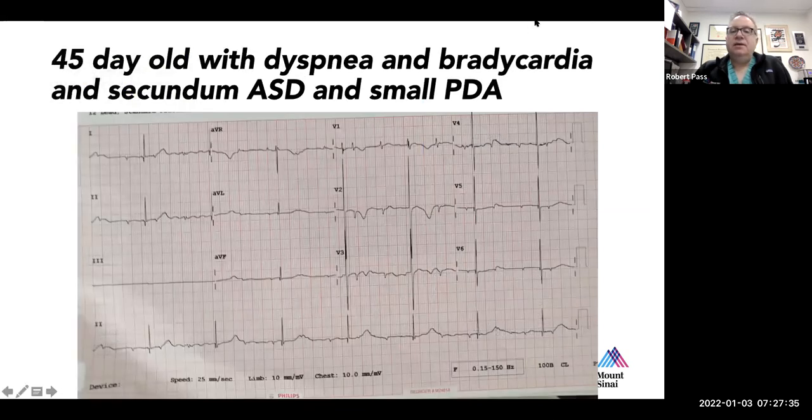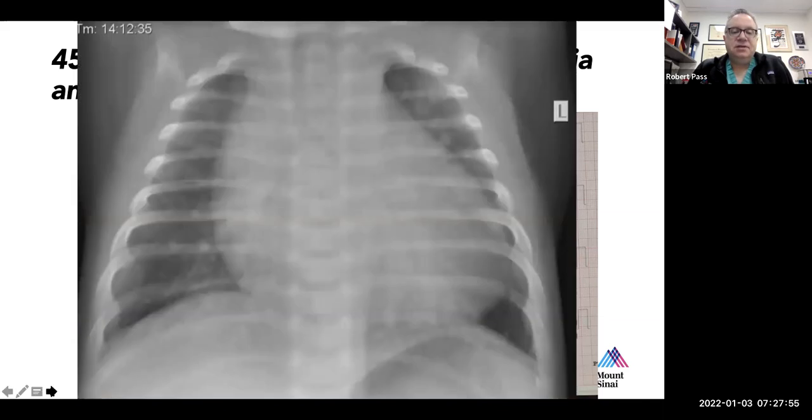All right. This actually also was a case from Dr. Savli. It's very kind of him to send me some interesting tracings, also from Cambodia. This is a 45-day-old who has dyspnea and bradycardia, a secundum ASD, and a small PDA. This is the patient's chest X-ray.